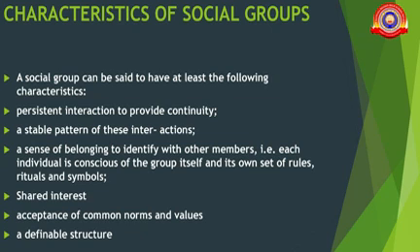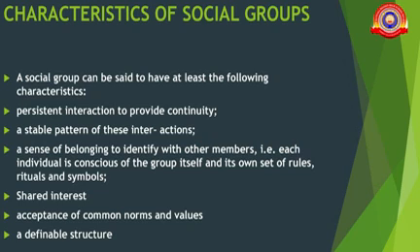Characteristics of social groups. A social group can be said to have at least the following characteristics: persistent interaction to provide continuity, a stable pattern of these interactions, a sense of belonging to identify with other members. That is, each individual is conscious of the group itself and its own set of rules, rituals, and symbols.